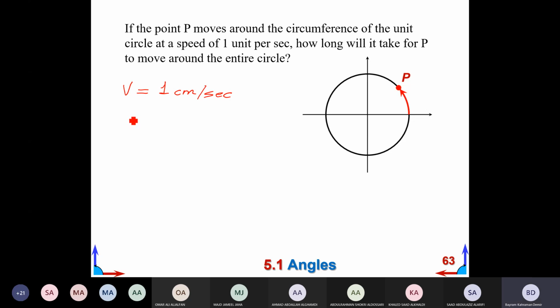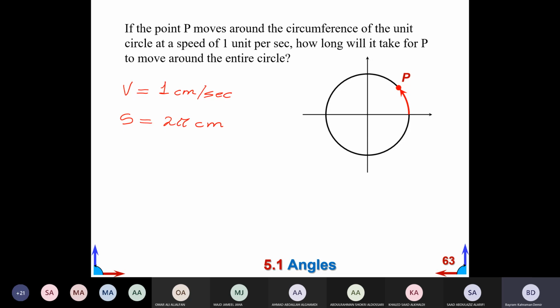So Shabab, the distance, yani s, is 2 pi centimeter. Around the circle, the length, masafa, is 2 pi centimeter. Now, the linear speed is 1 centimeter per second. Masafa is 2 pi centimeter.